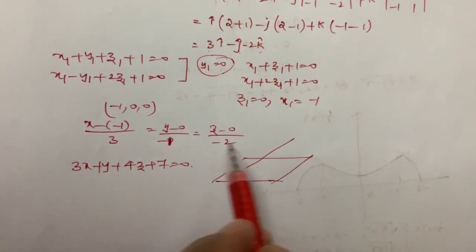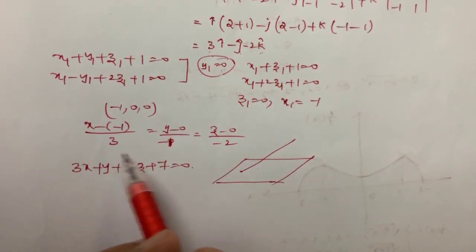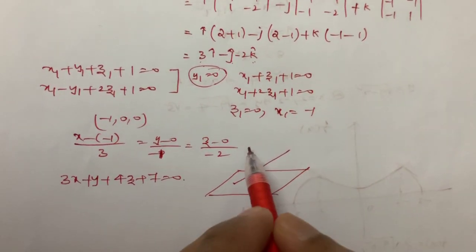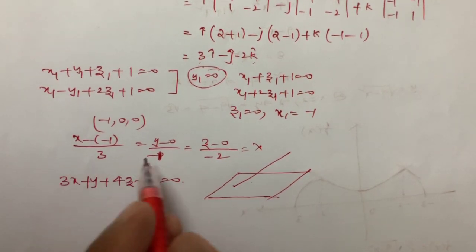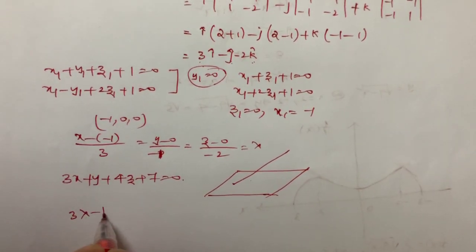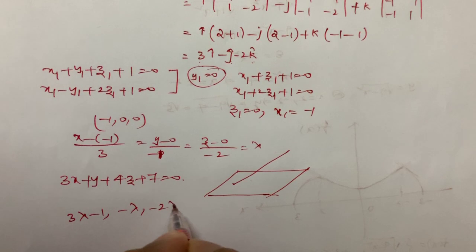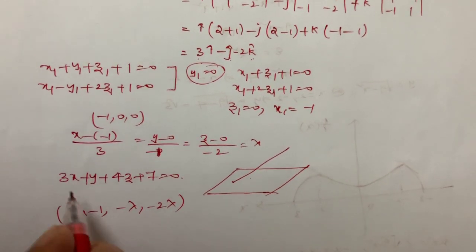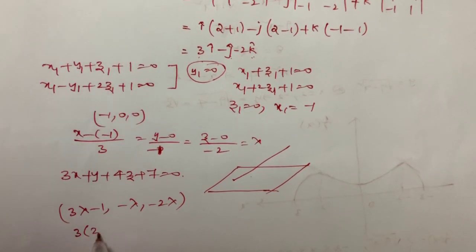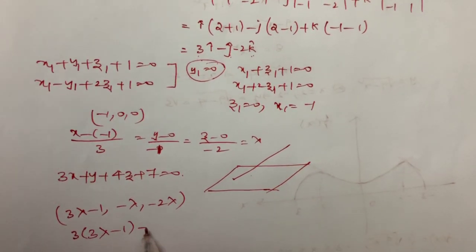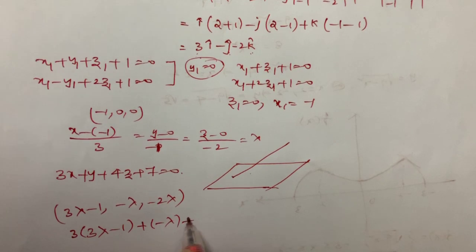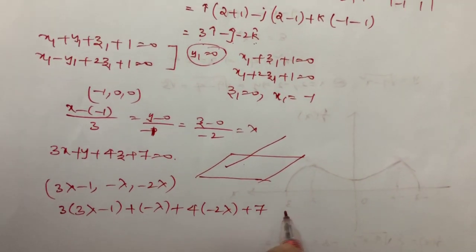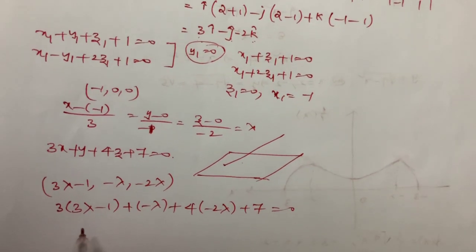So, we will consider a general point on the line. Equating to lambda, the general point will be (3 lambda - 1, -lambda, -2 lambda). I have to substitute this in the plane equation: 3(3 lambda - 1) + (-lambda) + 4(-2 lambda) + 7 = 0.